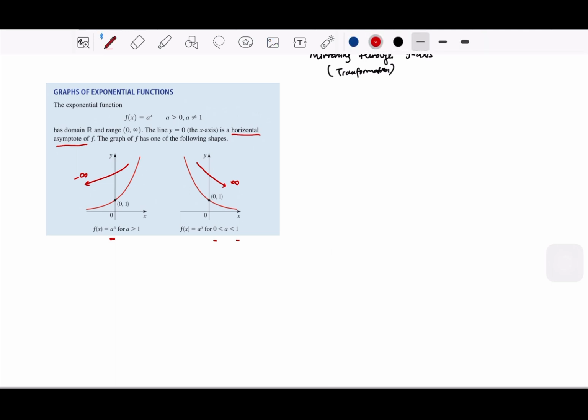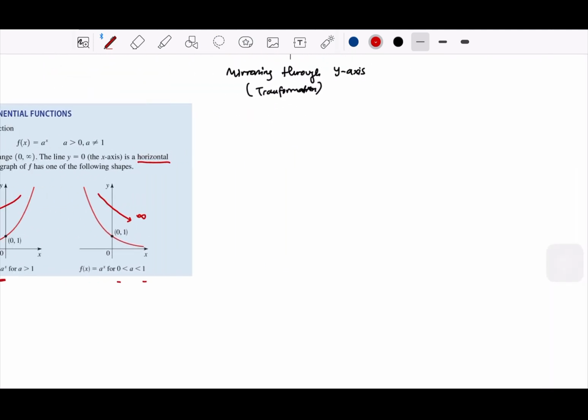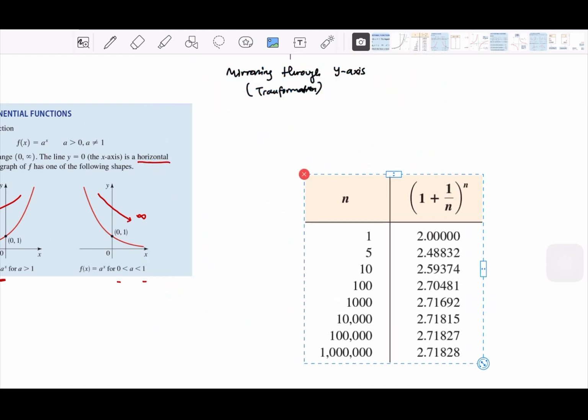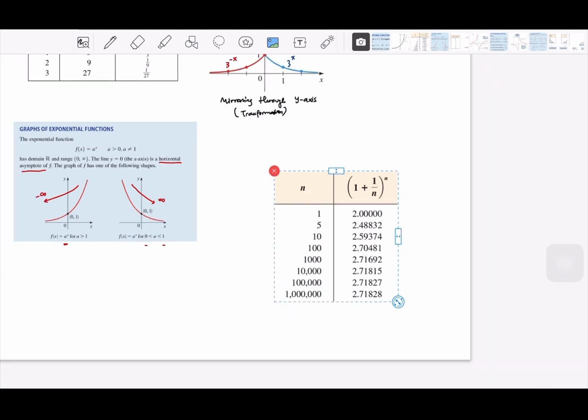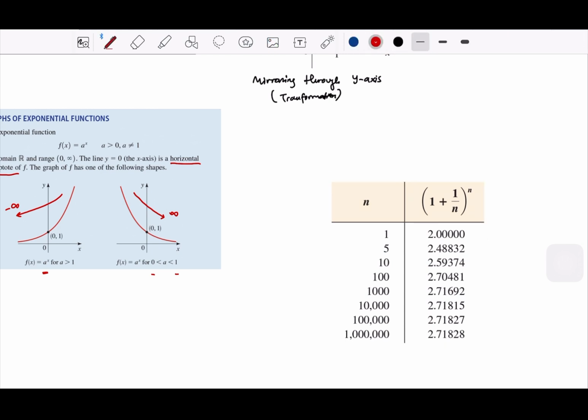And the most notable number in exponential is what we call the Euler number, or E. And this is the illustration of how to get to E. One of the examples is this equation here, which is 1 plus 1 over n with power of n.